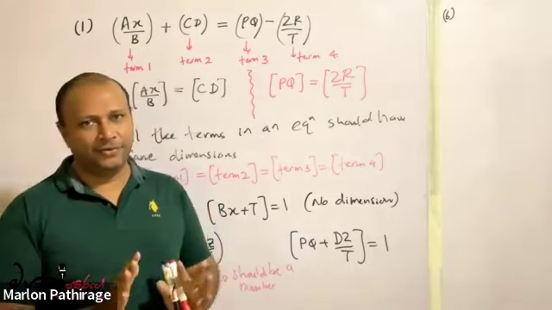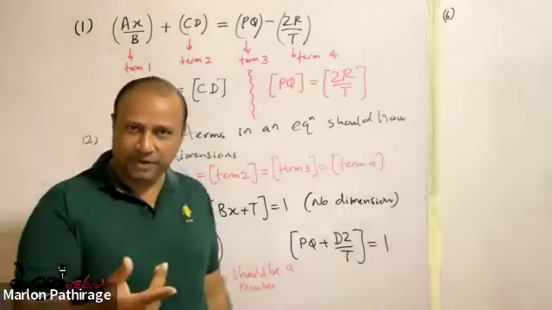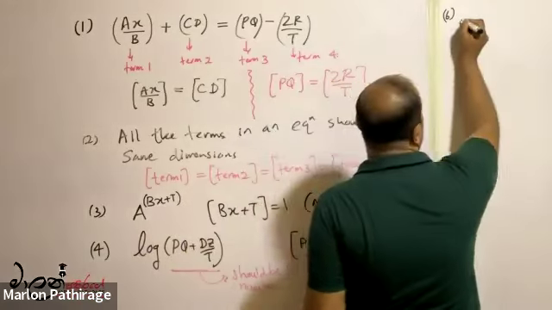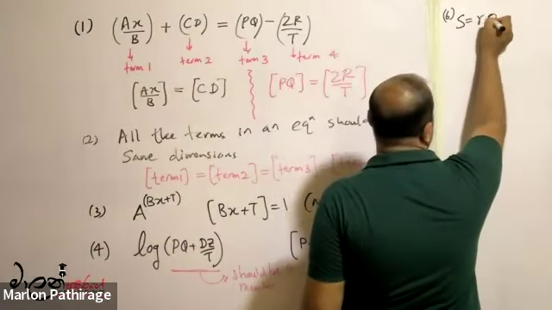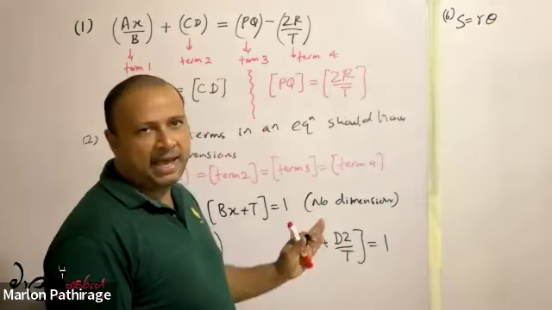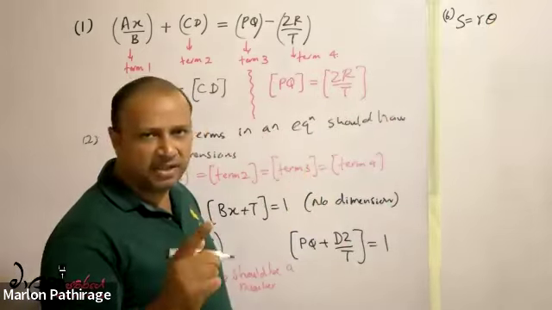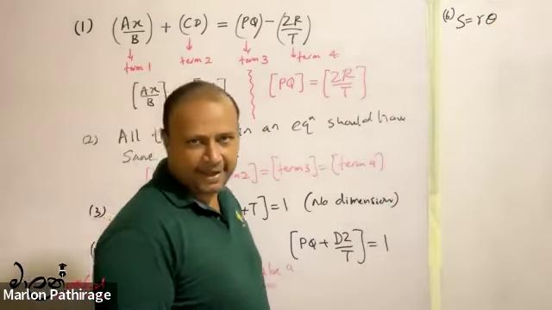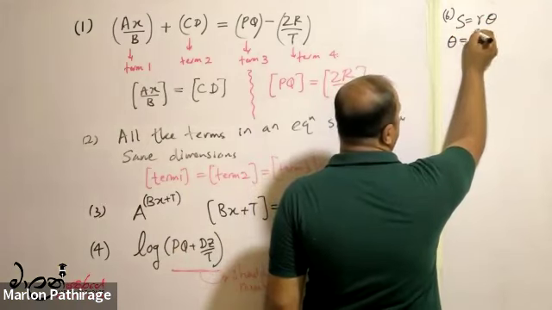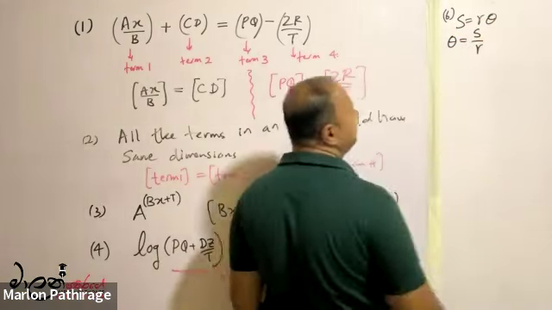Therefore, according to that definition, we have derived one equation, that is s equal r theta. s means arc length, r means radius, theta means angle. So if you make theta the subject, theta is equal to s over r.